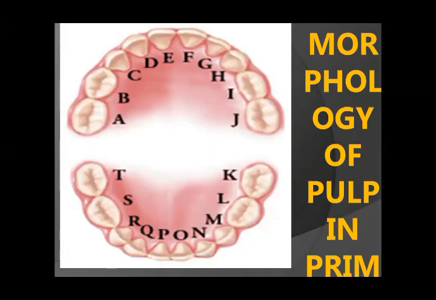Now we start the morphology of pulp in primary teeth. In permanent teeth we have covered the complete pulp cavities.